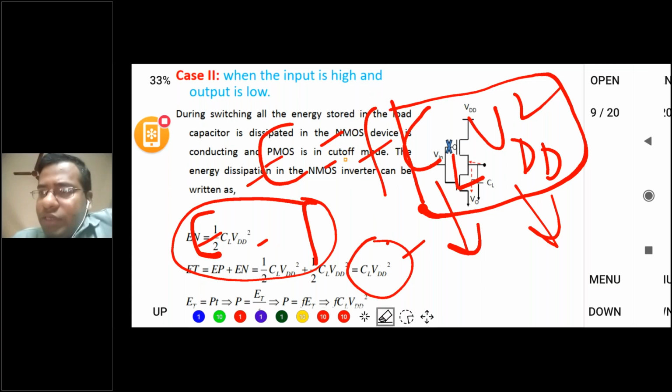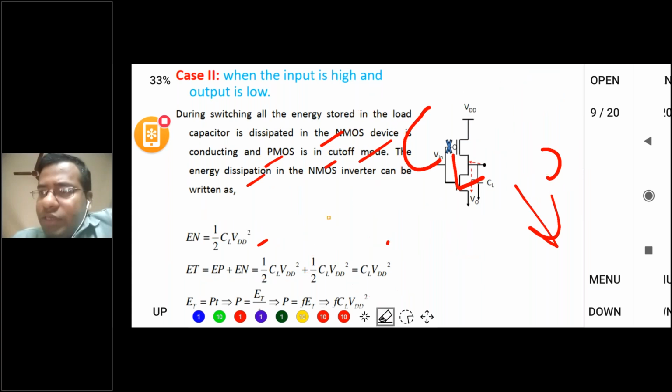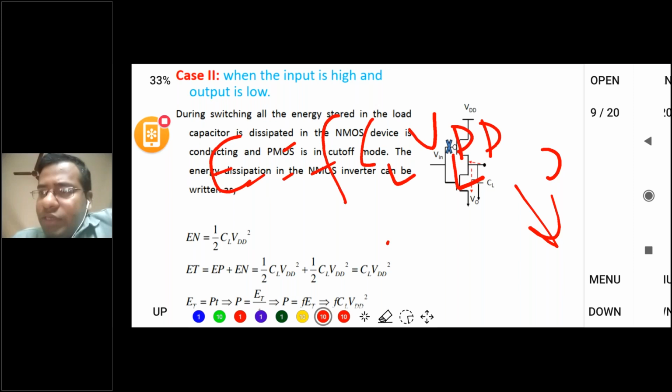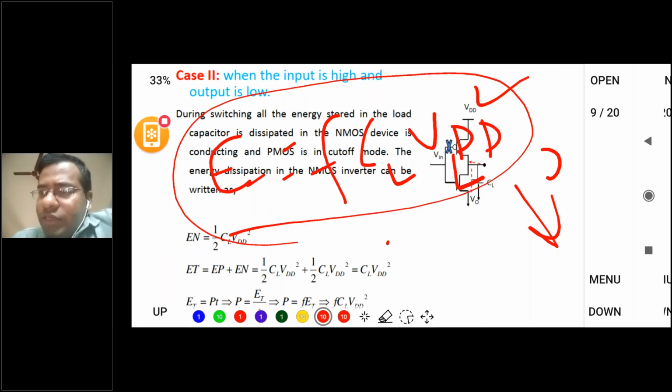So this is a general formula. You learn this formula. It is very important to solve some numerical problems also. So what is the general formula of the energy dissipation? F times CL VDD square. So three parameters are important to control the energy dissipation of your circuit.